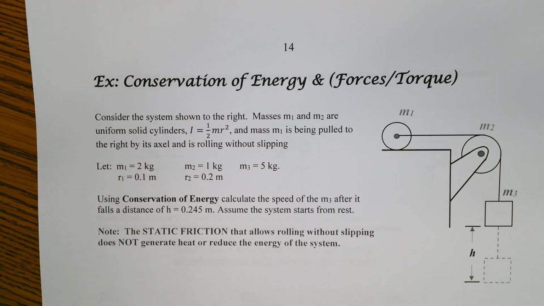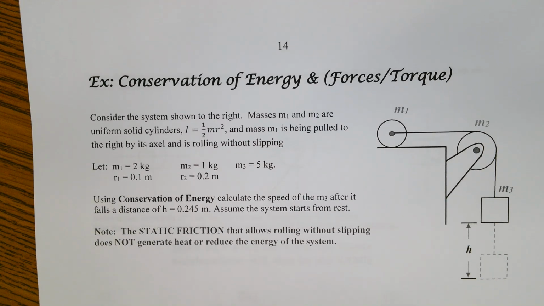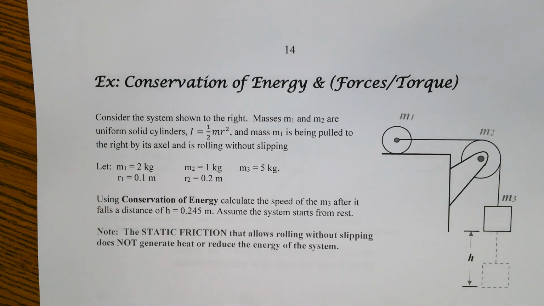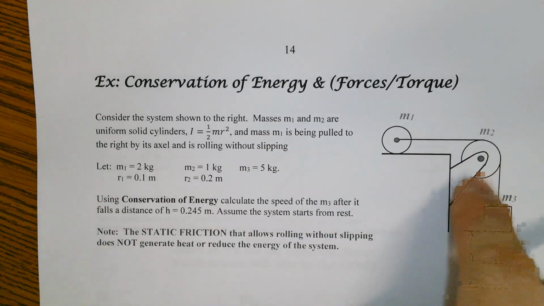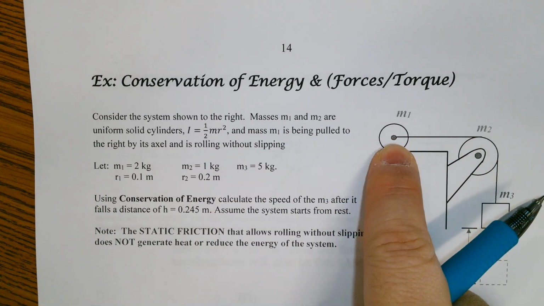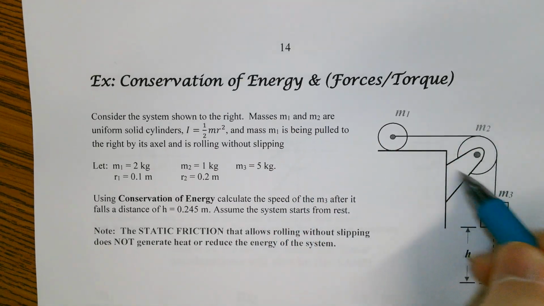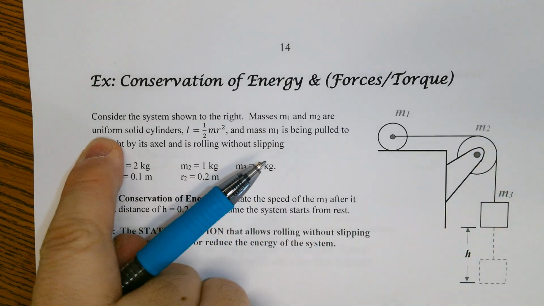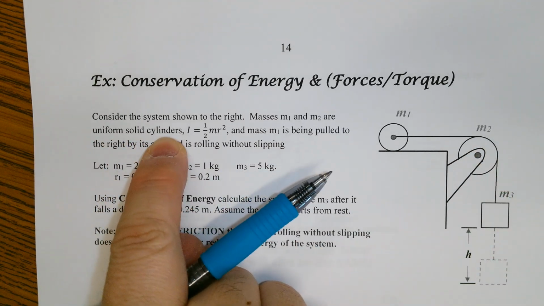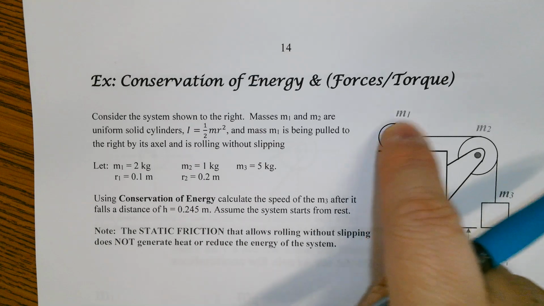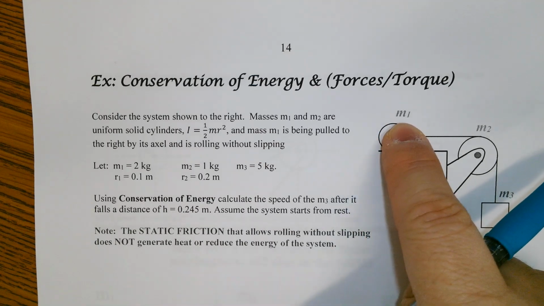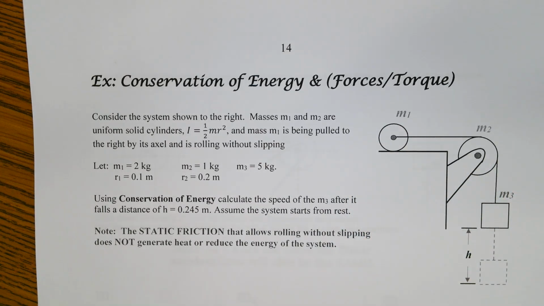Conservation of energy, right? Forces and torques. Okay. So consider a system shown to the right here. Mass M1 and mass M2, which is the disk right here, are solid uniform cylinders. So I is equal to 1/2 mr squared. Okay.